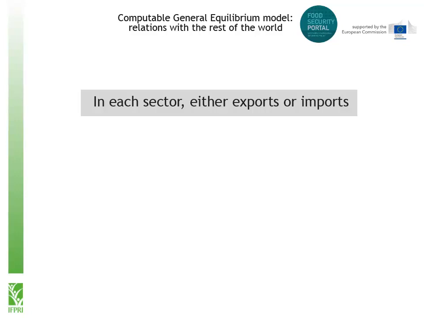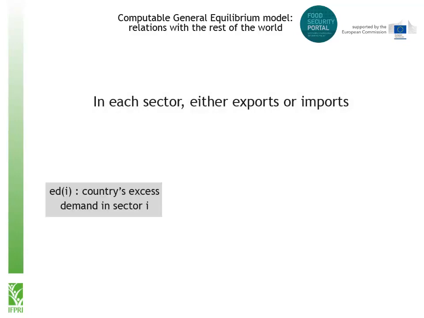Another simple explanation is that with homogeneous goods, you know that we've got a unique local price of a unique good, which is either produced by local firms or by foreign firms, but this is exactly the same good. So it's a unique price. So homogeneous goods implies one-way trade, that is to say either exports or imports.